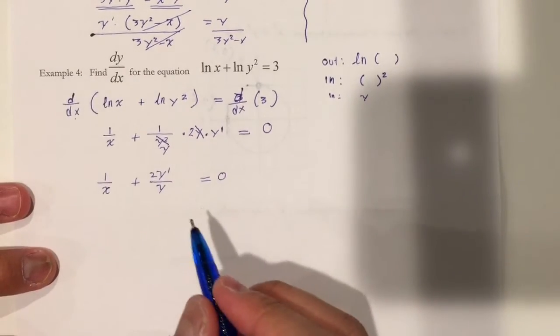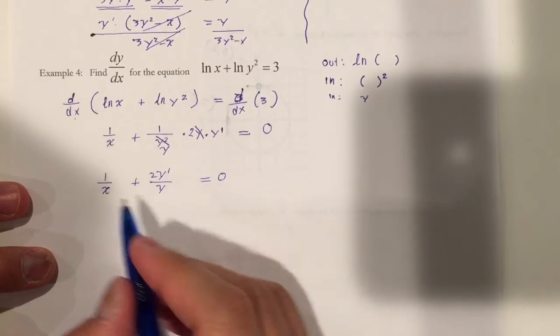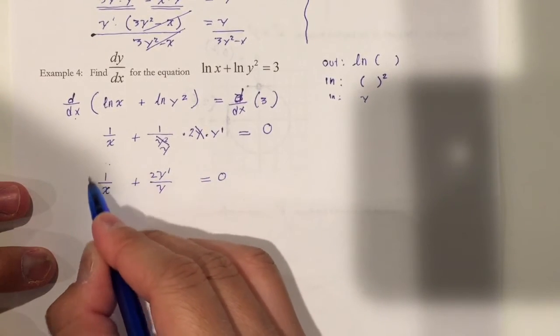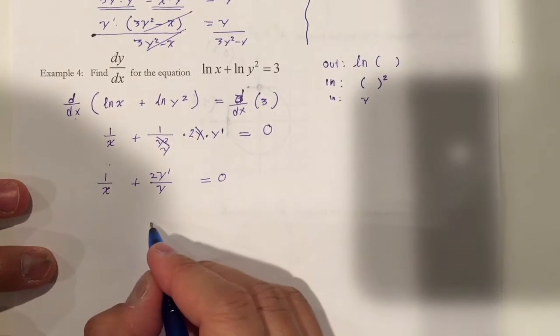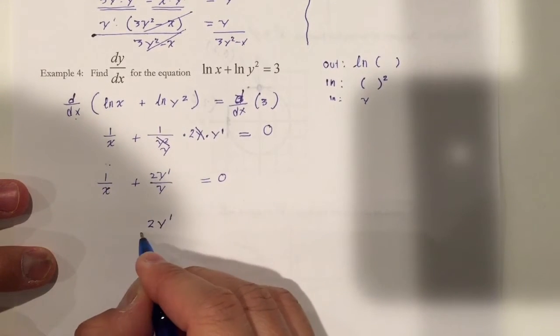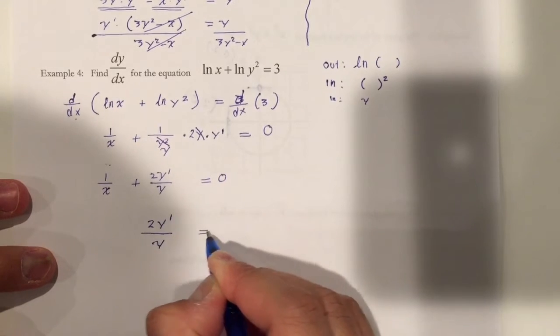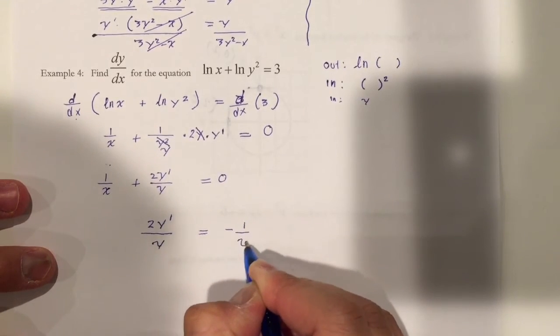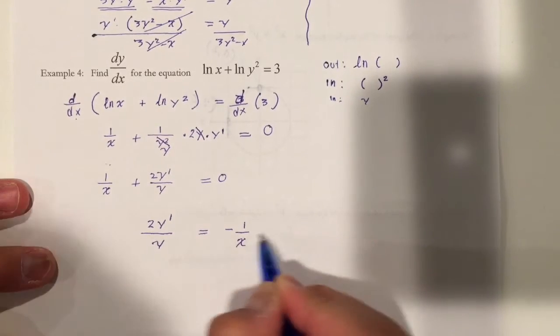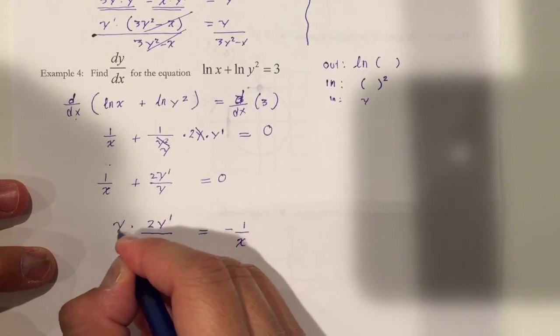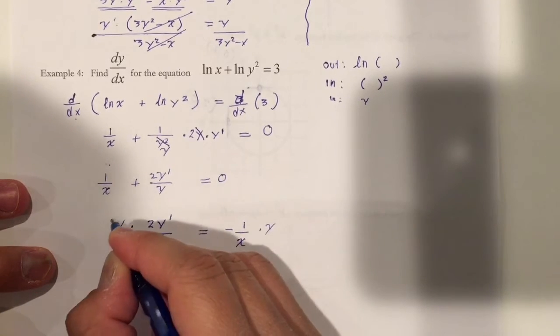I'm going to solve for y prime by first moving this guy to the right. So subtract 1 over x from both sides. You have this left, right? And then multiply both sides by y, so that these can cancel out.